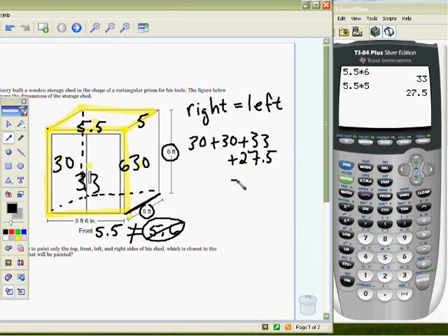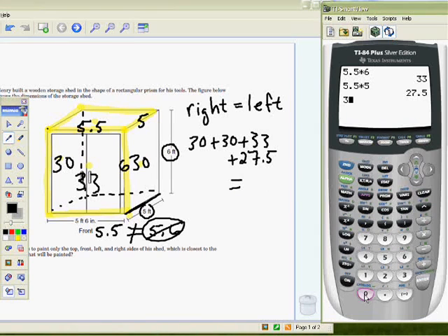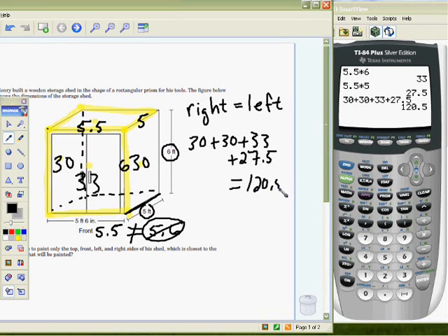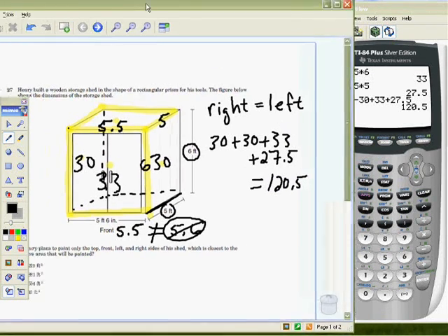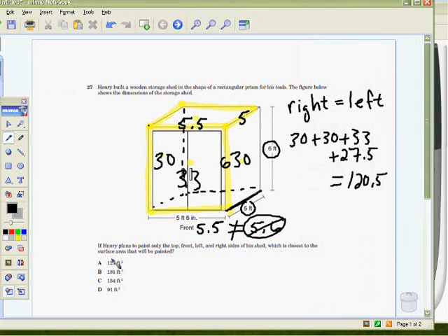So I add all this up, and I get 120.5, which will give me A, 121 feet.